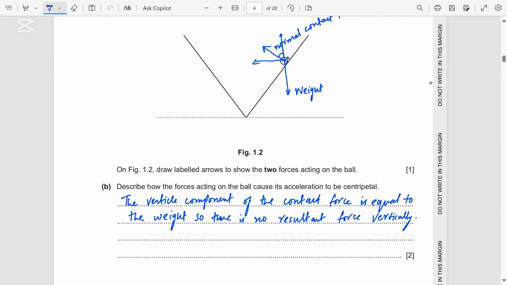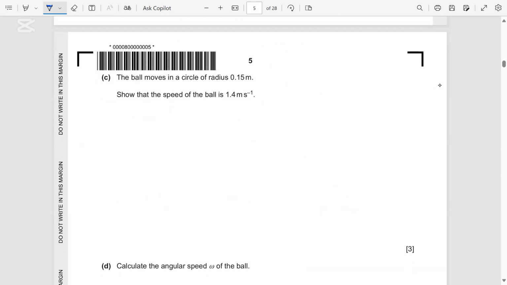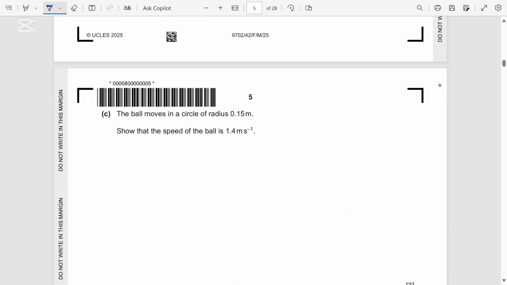So you should know this, that the horizontal component of contact force is the resultant force towards the center of the circle, which causes centripetal acceleration.